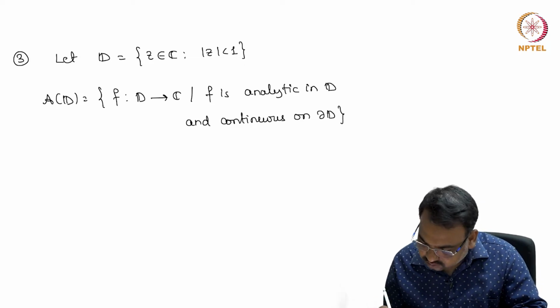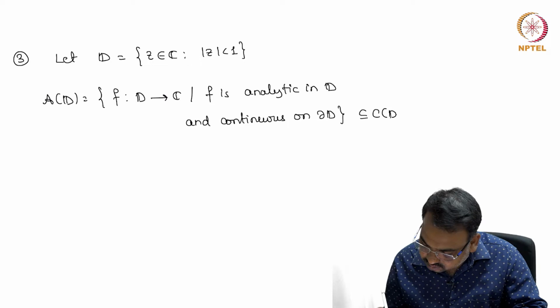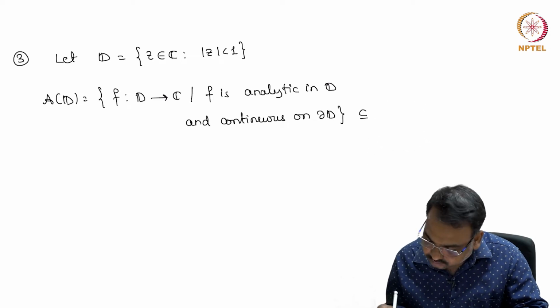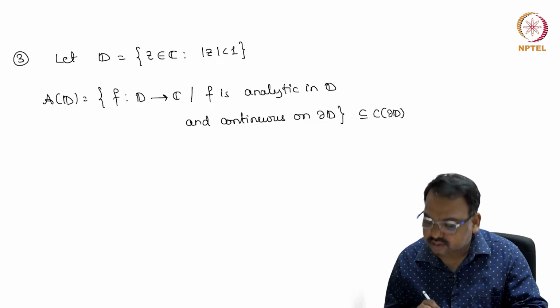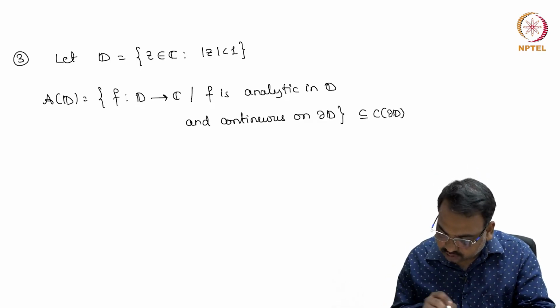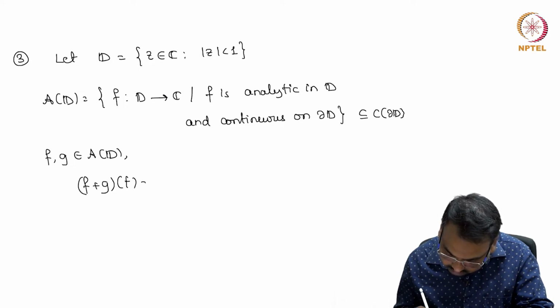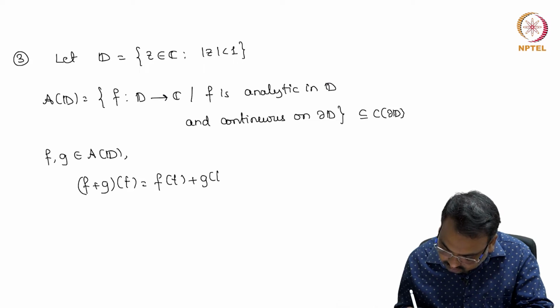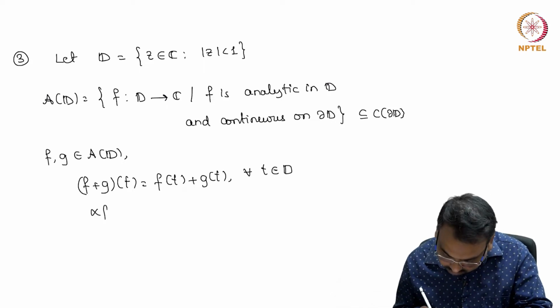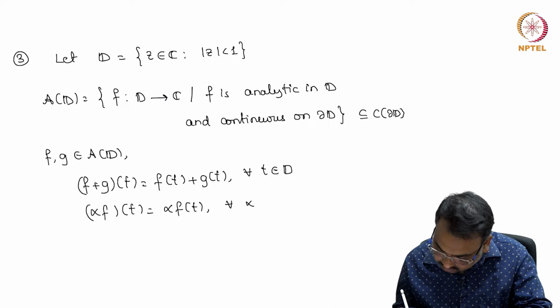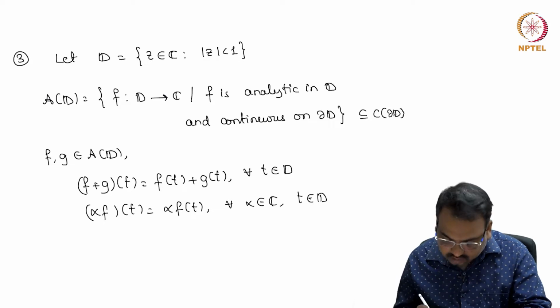You can show that this is a subset of C of boundary of D. So with respect to pointwise addition, if we take f, g in A of D, f plus g at t is defined as f of t plus g of t for all t in D, alpha f at t is alpha times f of t for every alpha in C and t in D. So this is a vector space.